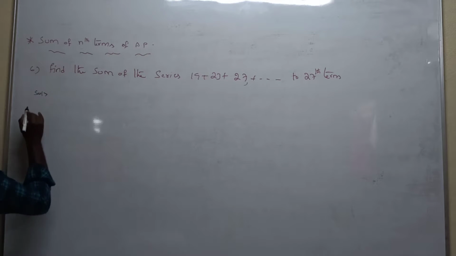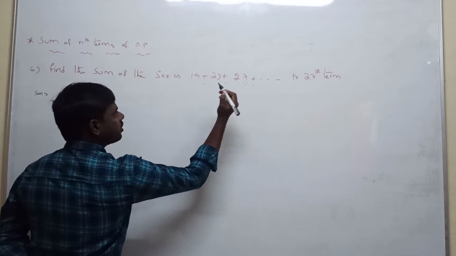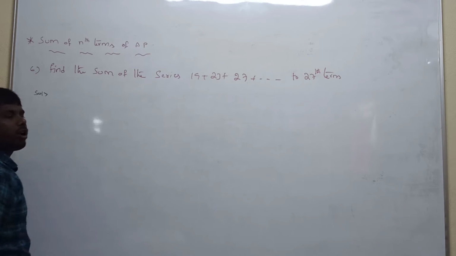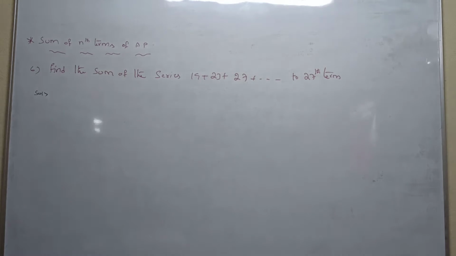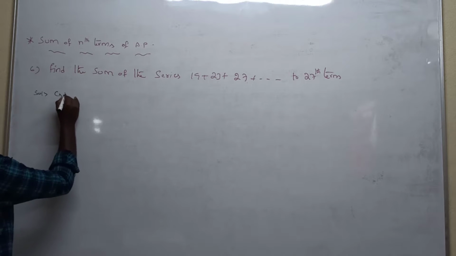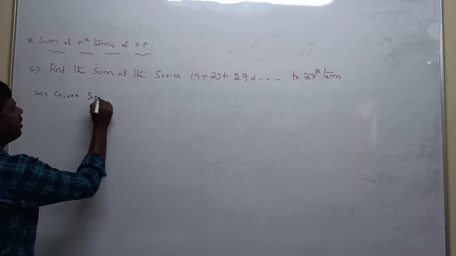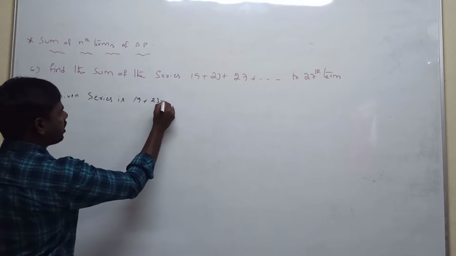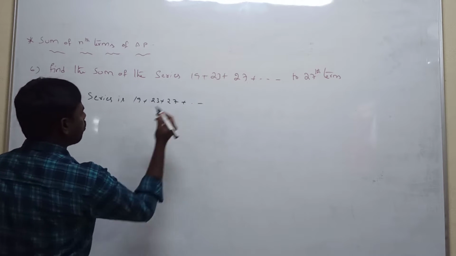In the earlier question they gave commas, but here the given symbol is positive. Whatever may be given, plus or minus or anything, we can take the first element as the first term, and the common difference is any element minus the term before it.